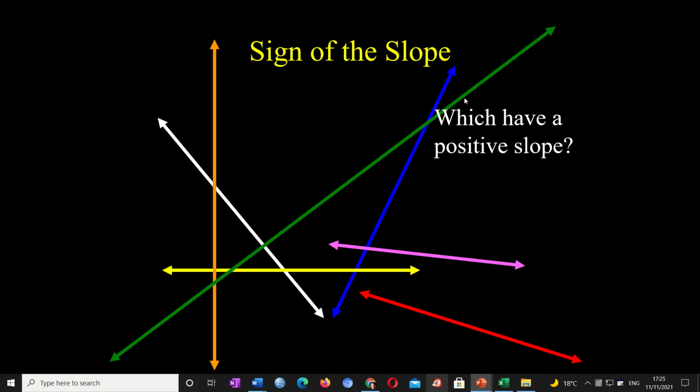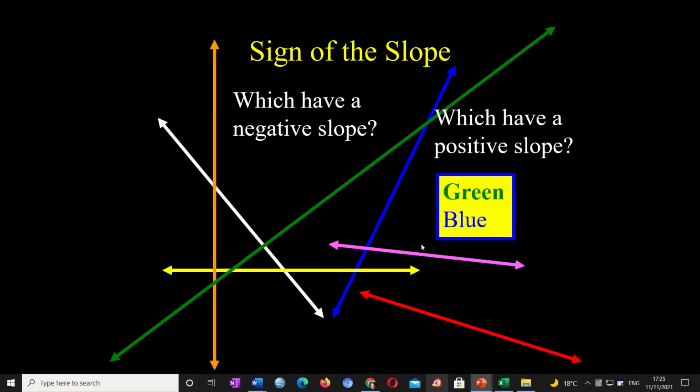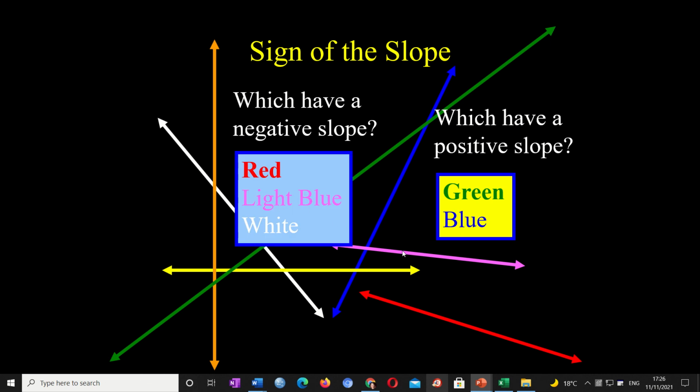Blue and green are positive. And the other colors here, you can see that this red and white are negative. But this is not light blue. This is like pink. Yes. Okay. It's pink. Okay. So this is the last slide.